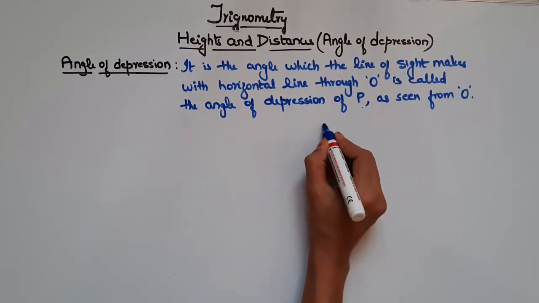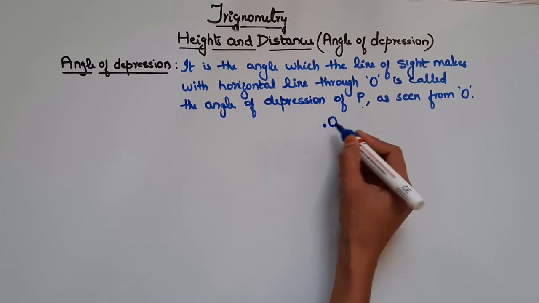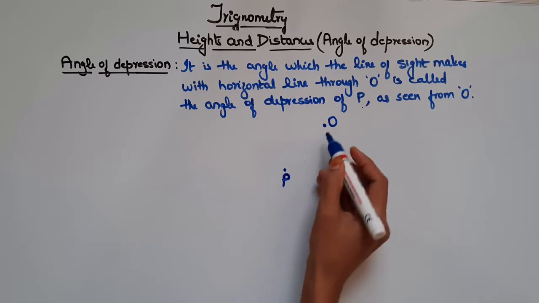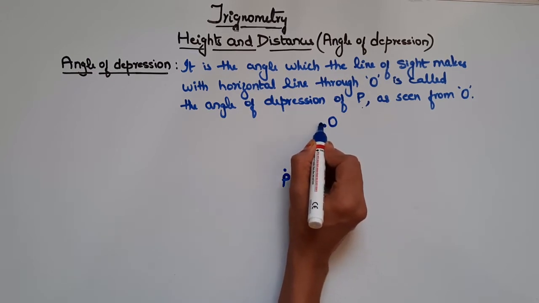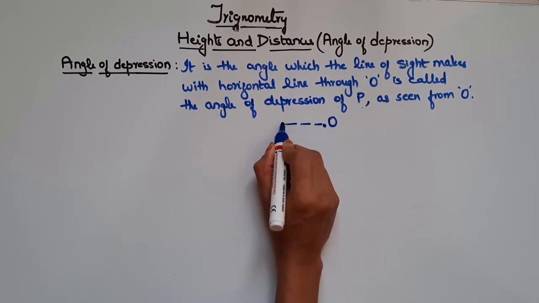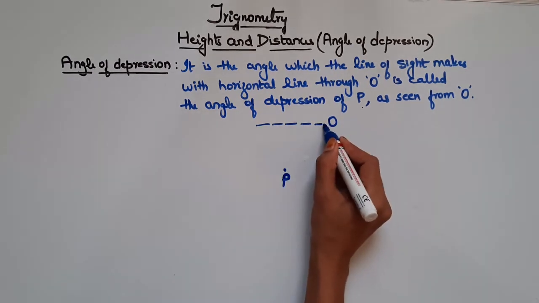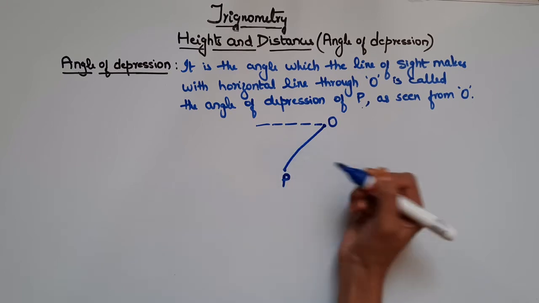Suppose that from point O, you are looking down to an object P which is placed below the level of your eye, that is, this is the level of your eye, you are observing it from this point. So this line OP is called as line of sight, right?